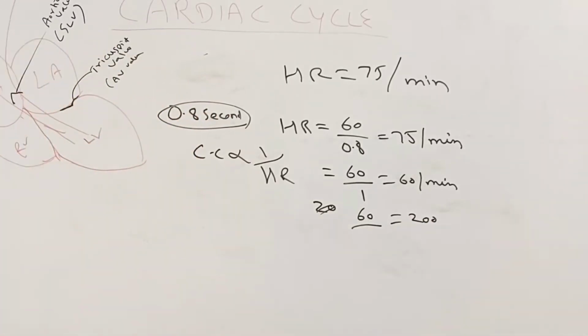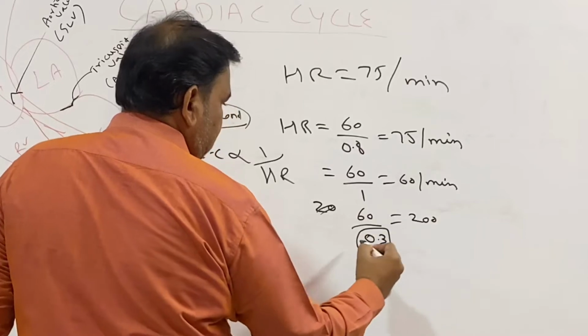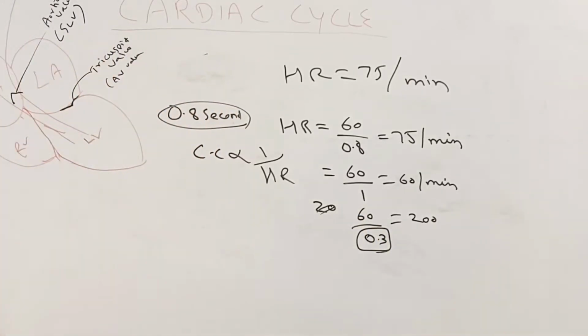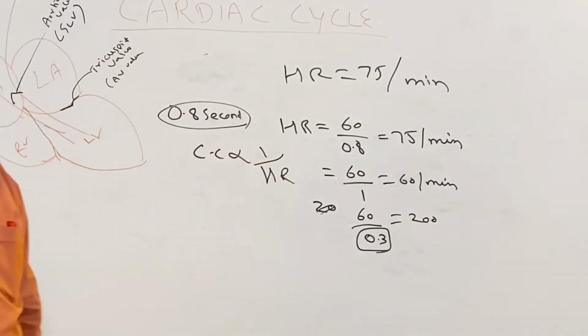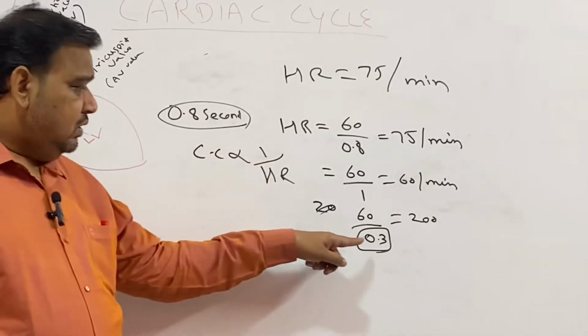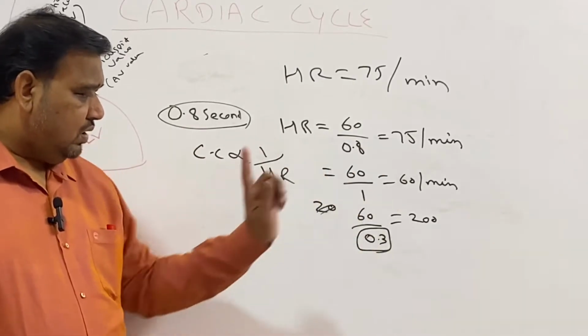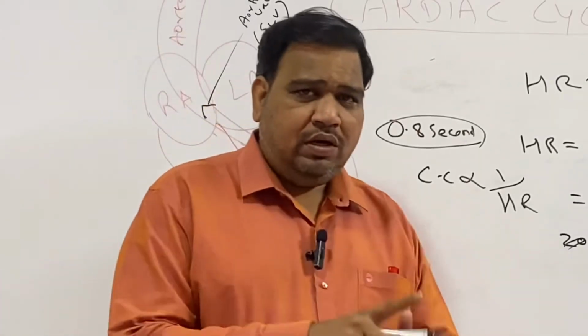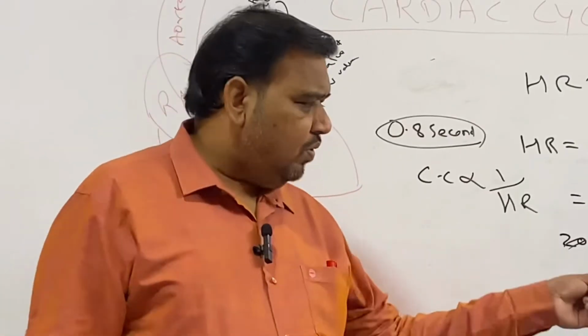That is the question. So 60 by 0.3. Only if the duration of the cardiac cycle is 0.3, your heart rate will come to 200. So 60 by 0.3 is 200. If your heart rate has to be 200, one systole and diastole will take only 0.3 seconds.